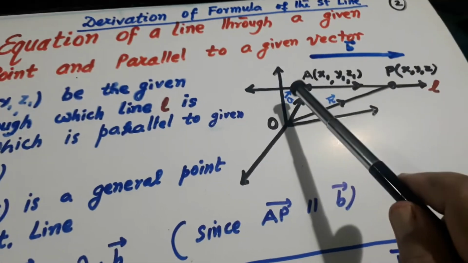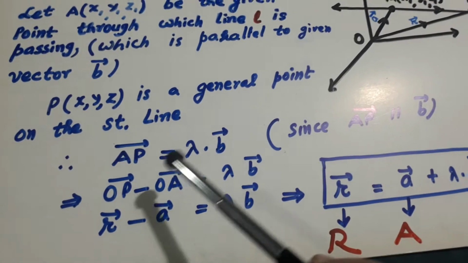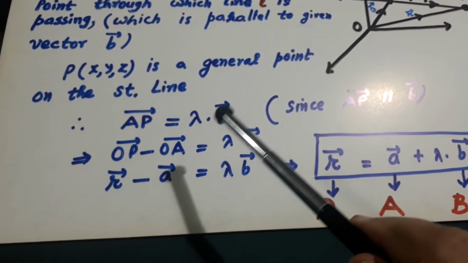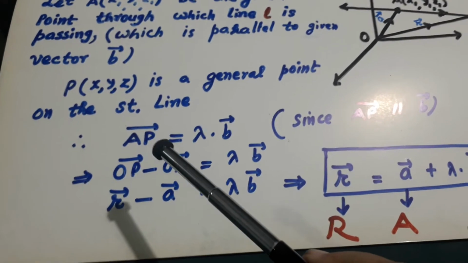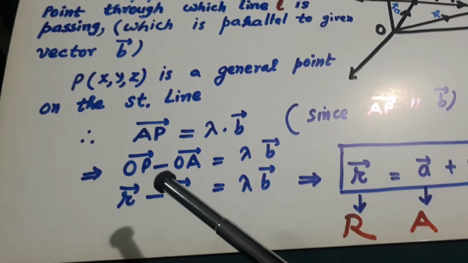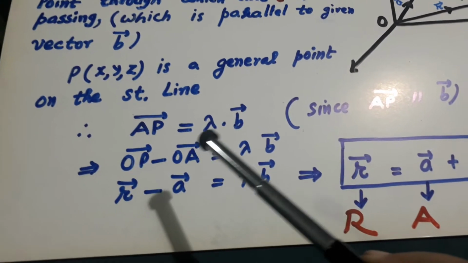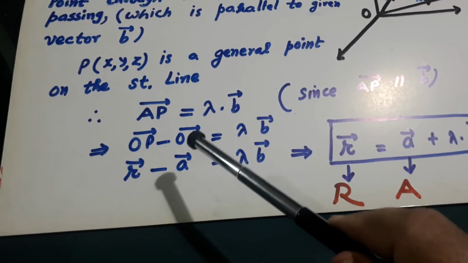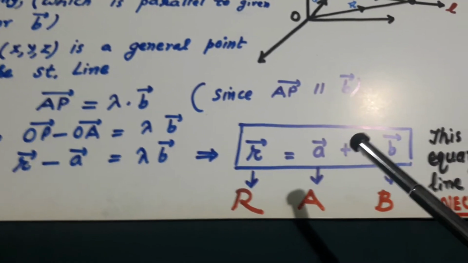So AP is parallel to B. When one vector is parallel to another vector, then it is lambda times the other vector. So AP will be equal to lambda B. AP can be written as OP minus OA, equal to lambda B. OP is R, OA is A. So R is equal to A plus lambda B.